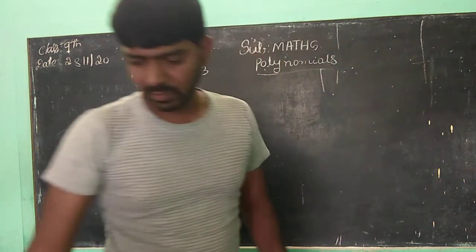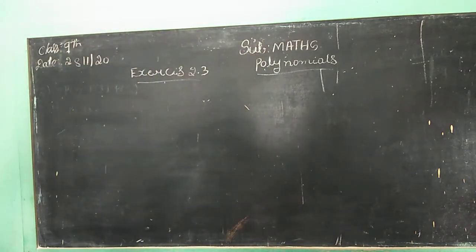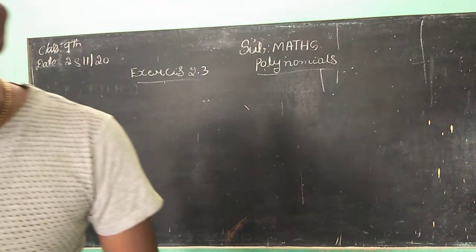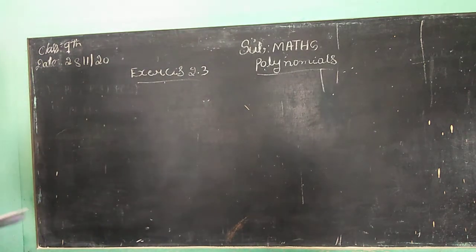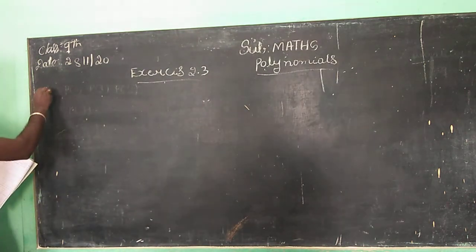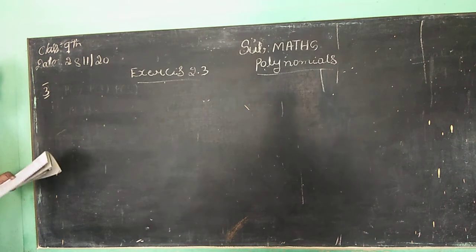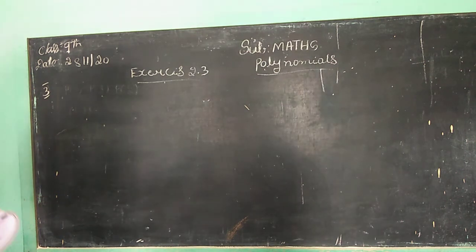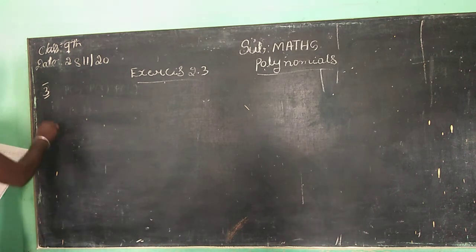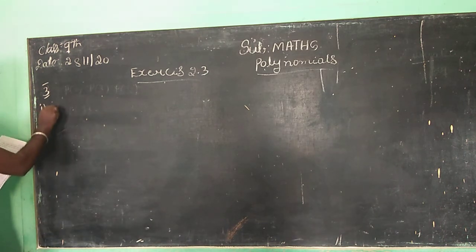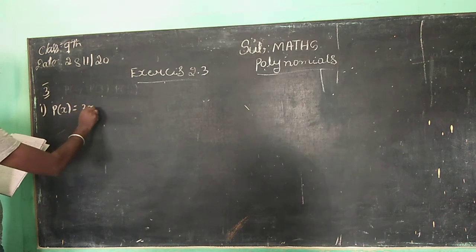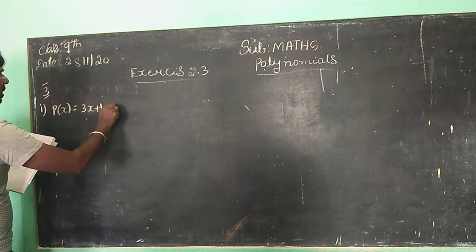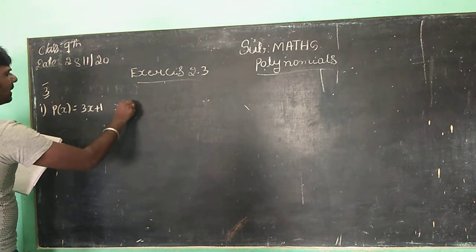Children, now we want to verify whether the following are zeros of the polynomial, indicated against them. Children, the third line, read that once again: verify whether the following are zeros of the polynomial indicated against them. First question is p of x is equal to 3x plus 1, x is equal to minus 1 by 3.